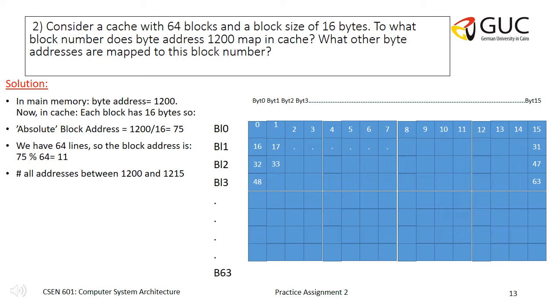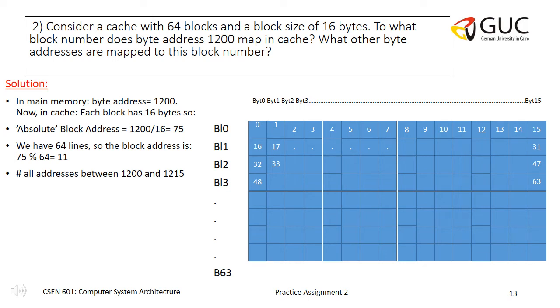Whenever we have an address that exceeds our limit, it goes back to the beginning again. So if we have block number 75, what will happen? When it finishes the whole 64 blocks, it will go from block 0 again and start all over.